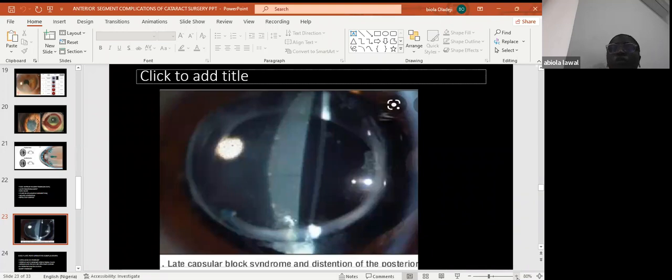A way to disrupt this is, if the edge of the anterior capsule is visible, just like in this picture, a laser toward the peripheral part of the anterior capsule can be done in order to release this block, because the IOL is pushed against the anterior capsule, and there's iris-anterior capsule apposition in this block.